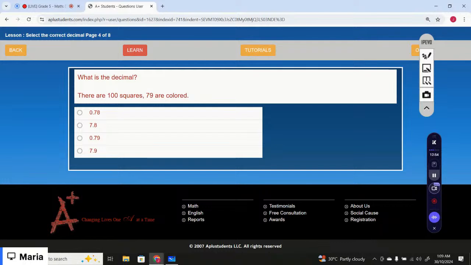So, which is the correct option? The correct option is 0.79. Option number 3 is the correct option, right?